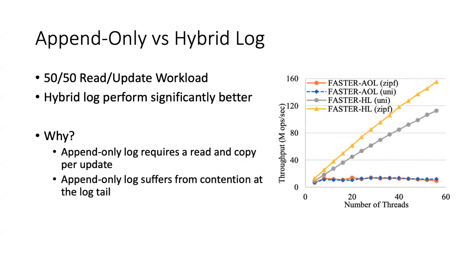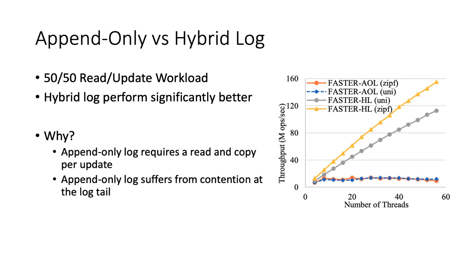And then the final thing we can look at is the performance of this append-only log versus the hybrid log. We have this 50-50 read-update workload. Even though the append-only log is just logically increasing sequential writes, this hybrid log still performs way better.